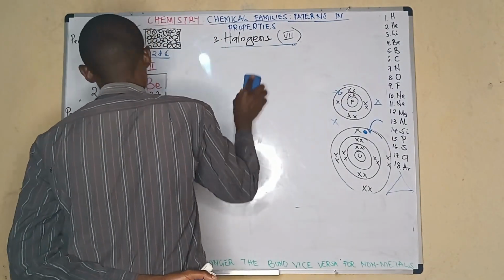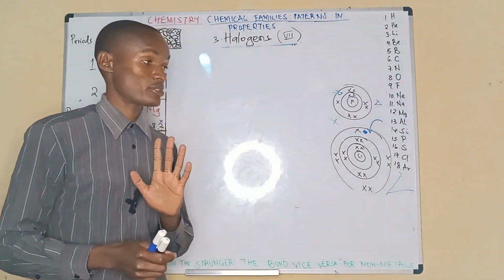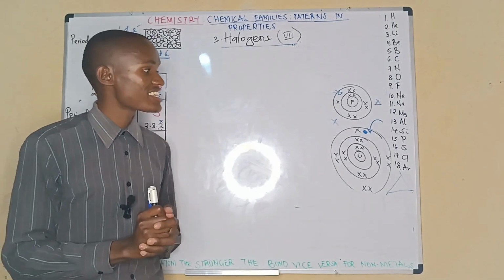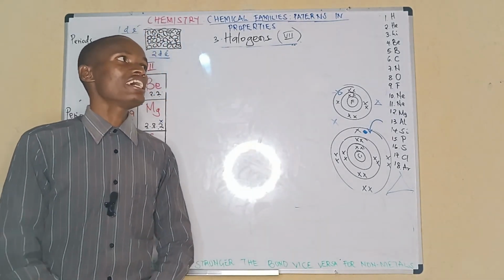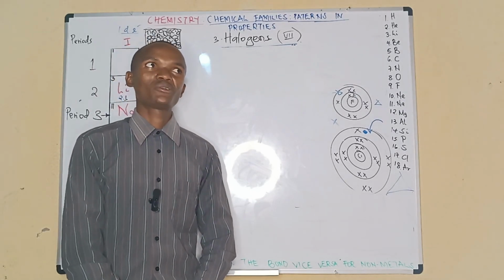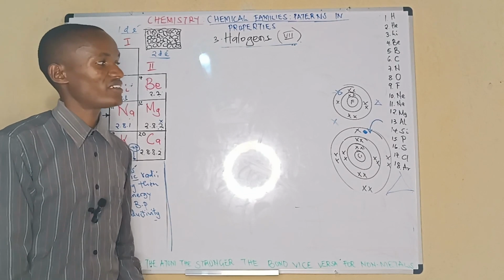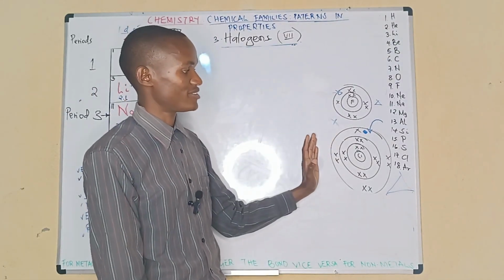When we talk of melting and boiling points, and remember we are in nonmetals, the first thing to say is that these are molecular substances. They generally have low melting and boiling points. Something else to say is that these are gases at room temperature.